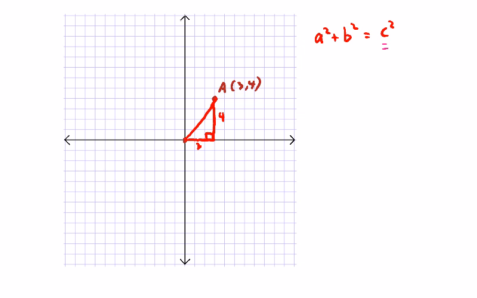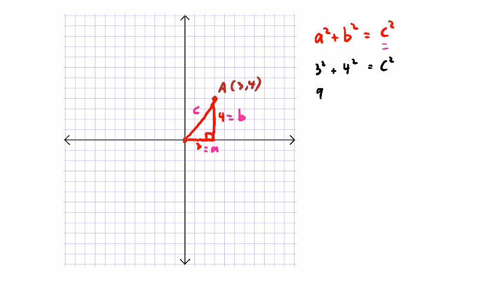In this case, we could let A be 3, we could let B be 4, and we're trying to figure out what C needs to be. So let's simply plug in the numbers. A was 3, so 3 squared, plus B was 4, that's 4 squared, must equal whatever C is squared.